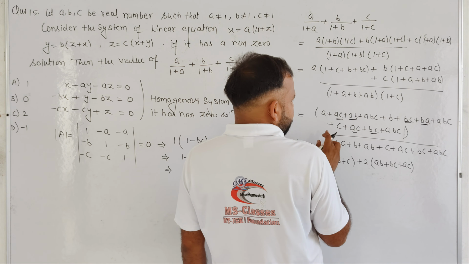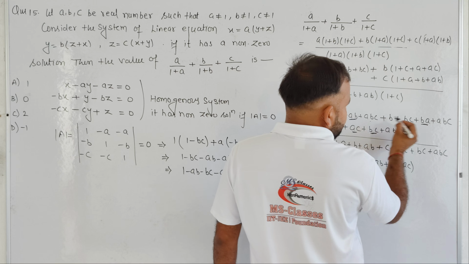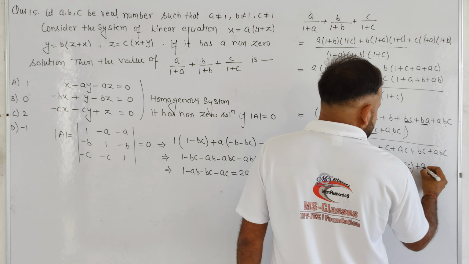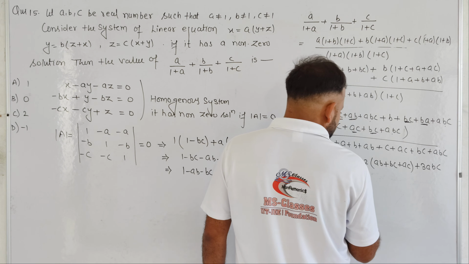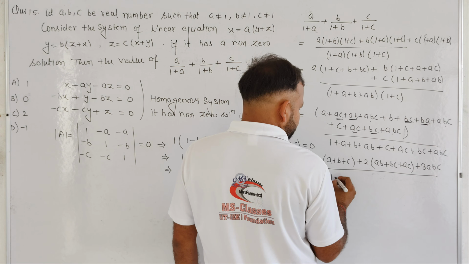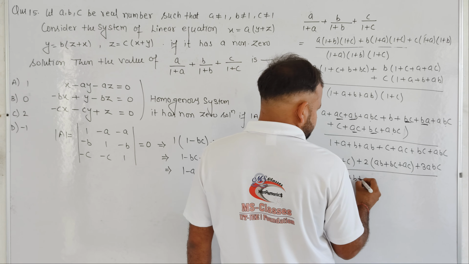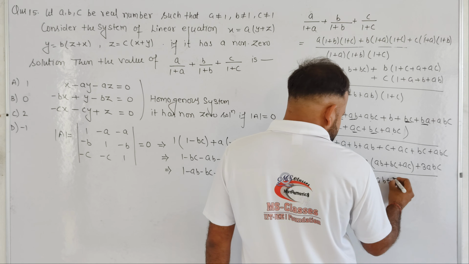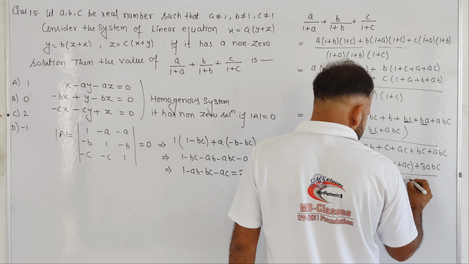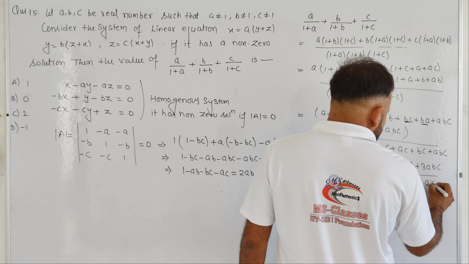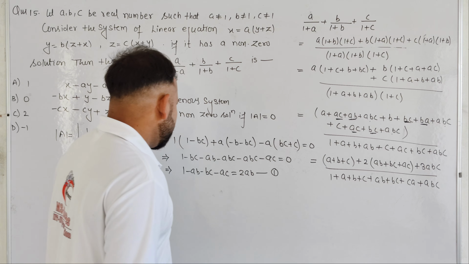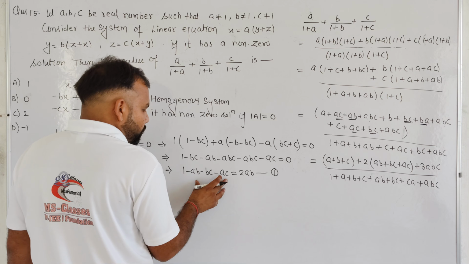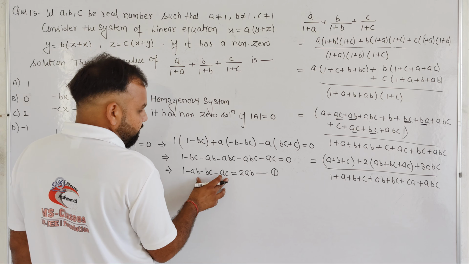Okay, student, you can see that abc is 3 times abc. Divided by 1 plus a plus b plus c plus ab plus bc plus ca plus abc. Student, you can see, so what is the value of ab plus bc plus ca?